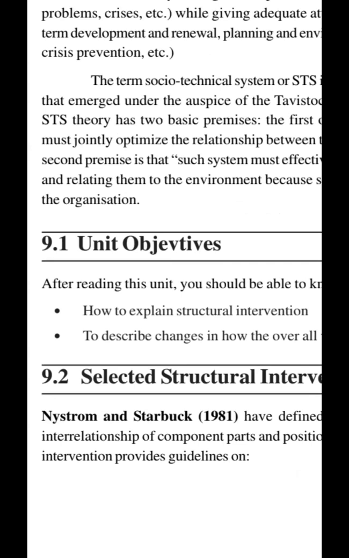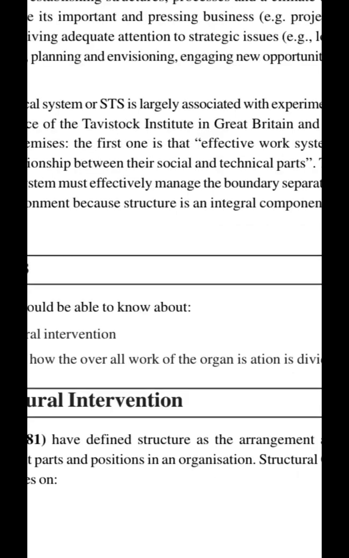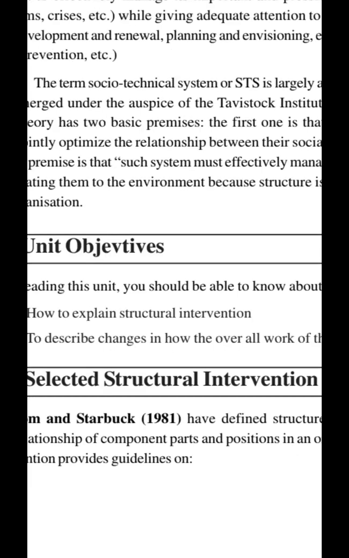The first one is that an effective work system must jointly optimize the relationship between its social and technical parts.